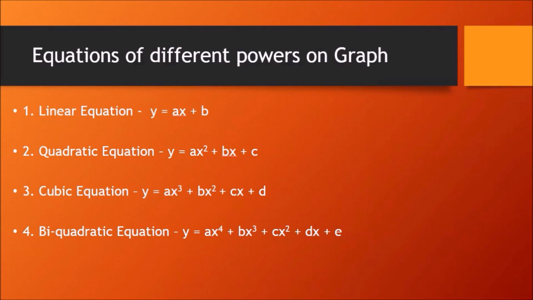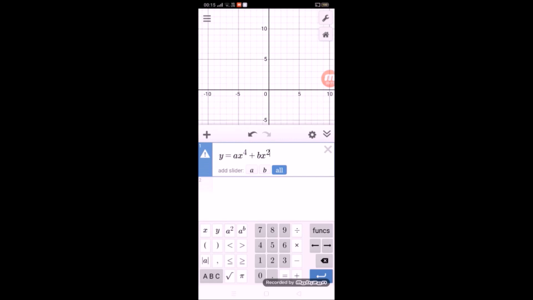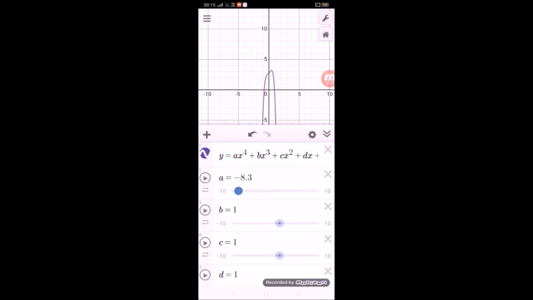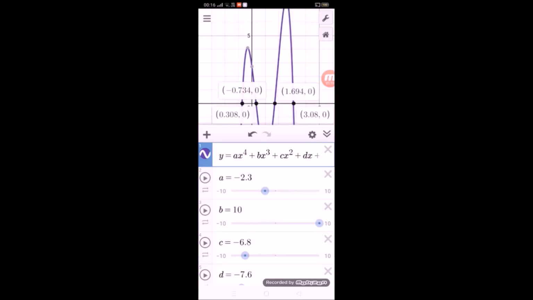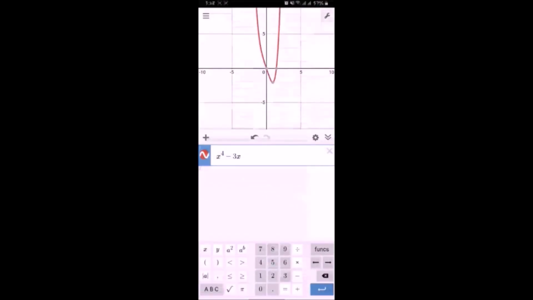An equation of power 4 is called a biquadratic equation, and the standard form of the biquadratic equation is y equal to ax power 4 plus bx power 3 plus cx power 2 plus dx plus e. Here is an example of a biquadratic equation.